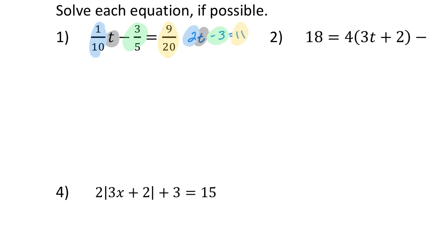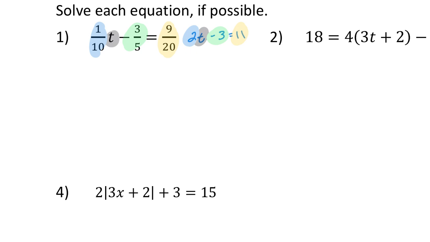The only difference is, in this particular problem right here, I have fractions for all these numbers, whereas this problem here has integers for those numbers. It doesn't make the problem any more difficult or different to do. It's just that when we move numbers, we're dealing with fraction numbers instead of integer numbers.